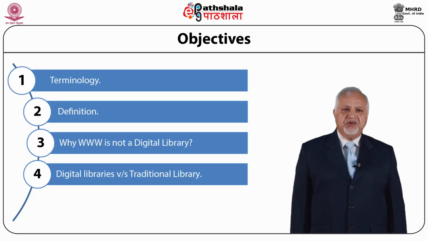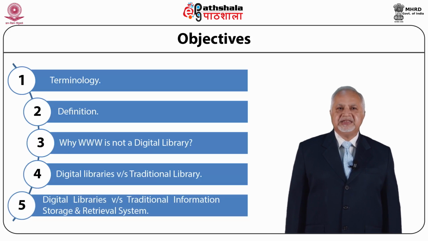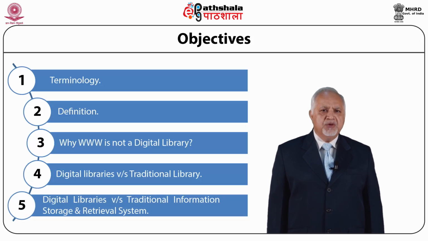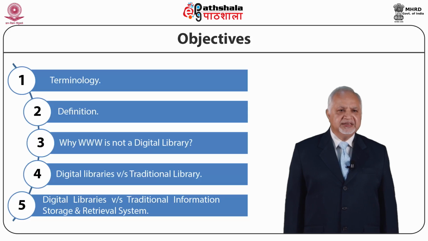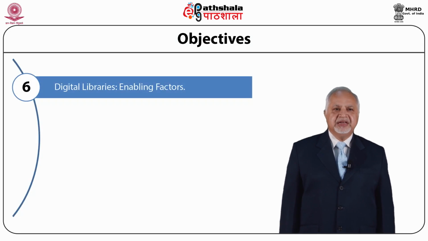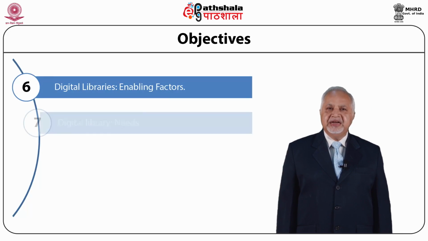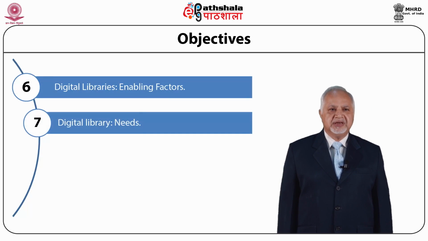We'll be talking about distinguished features of digital libraries and traditional information storage and retrieval systems that have been in vogue for the past 30 years. Technological factors that are considered as enablers to digital libraries. Need and purpose of digital library.